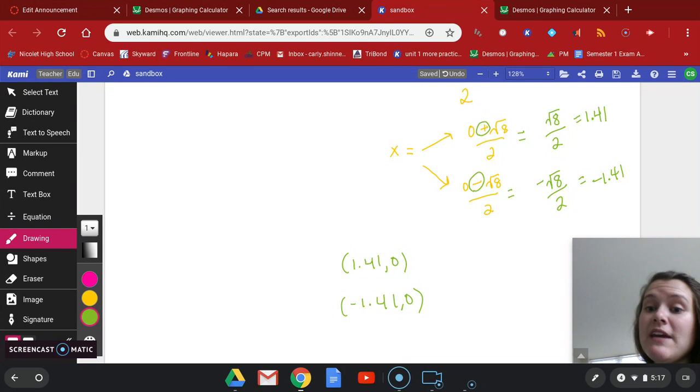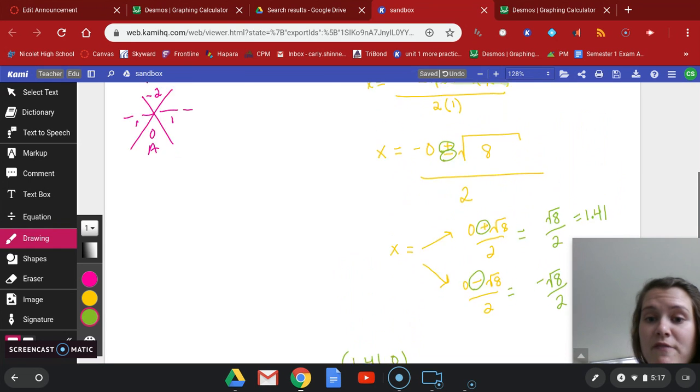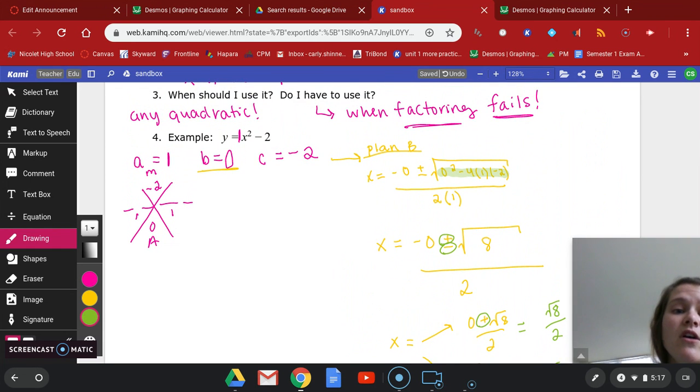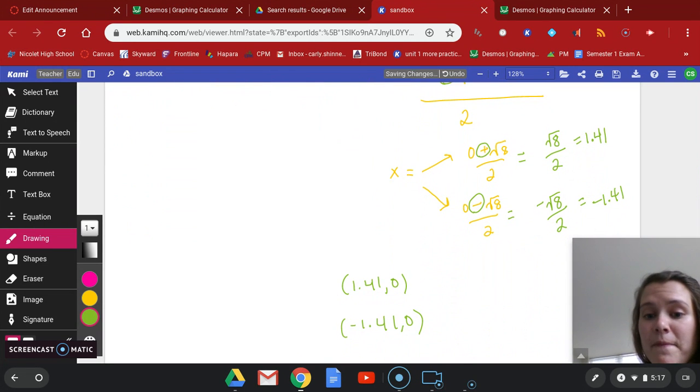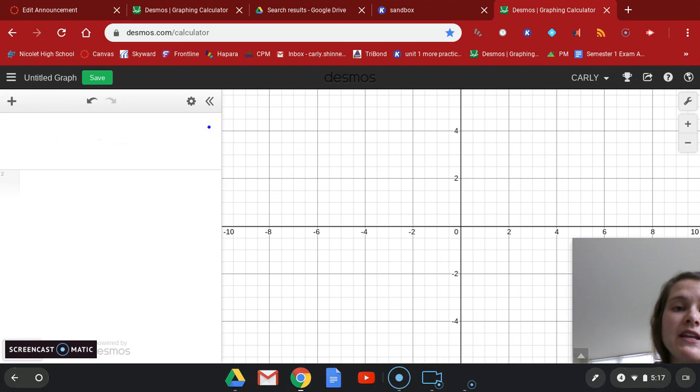And if you don't believe me, or if you want to check your answer, we can use our third method for finding x-intercepts. So the first is factoring and zero product property. The second is the quadratic formula. And the third way to find x-intercepts is just to graph on here.